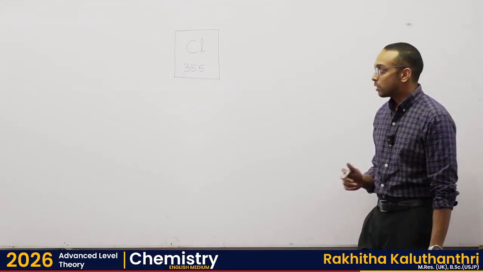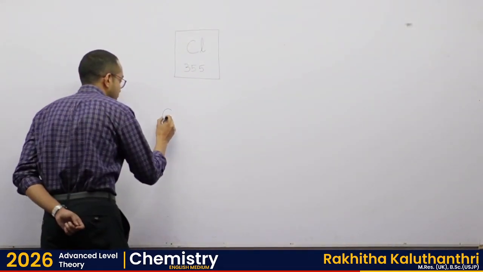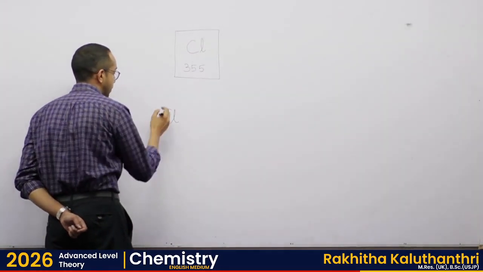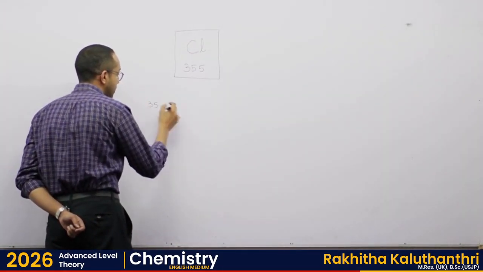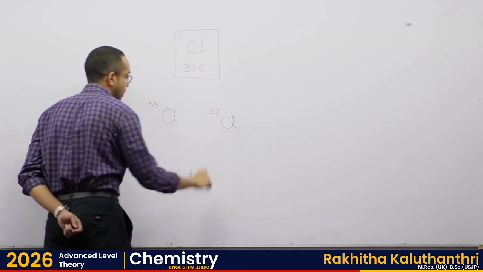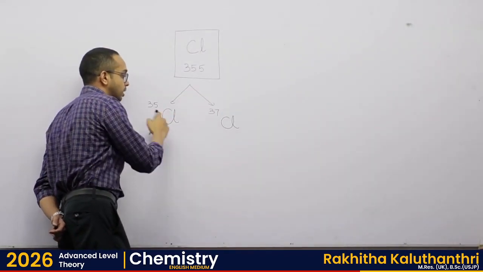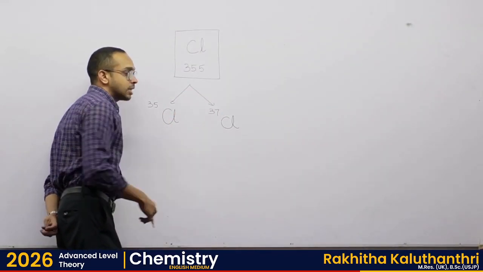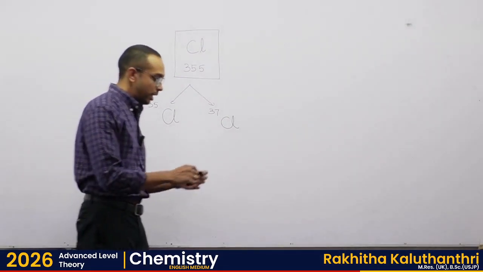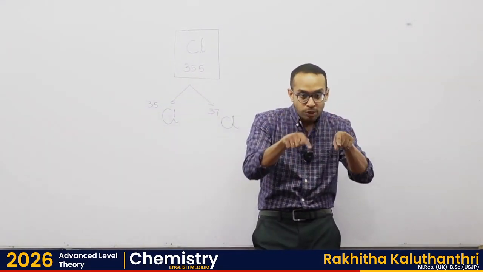No. That means, students, this particular value for chlorine's relative atomic mass was obtained by looking at the isotopes that chlorine has. Chlorine has two isotopes, right? One is 35, the other one is 37. If you take any chlorine atom sample, we have both of these.